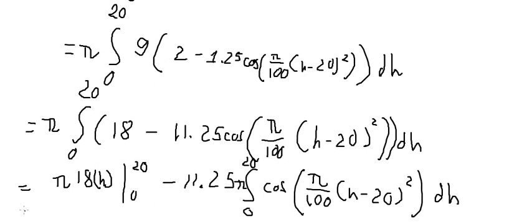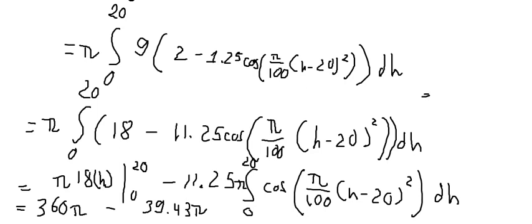So for the first one, we have 360b. And for the second one, you get 39.43b. So we use this number minus this number.